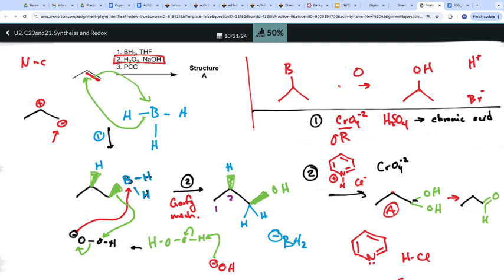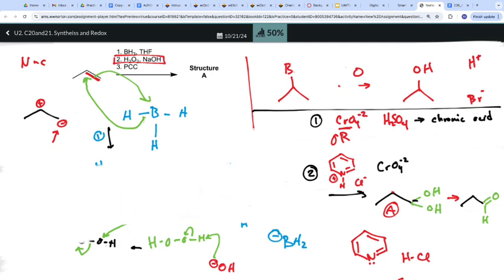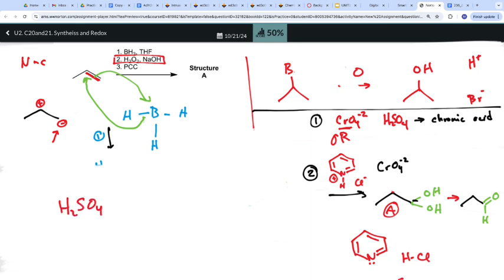What are the reagents that come together to make chromic acid? Okay? Well, again, we take the chromate and then we take sulfuric acid. Okay? Well, what am I dissolving it in? H2SO4. What phase is H2SO4? Is it aqueous? It's aqueous. I take H2SO4 and water and I mix it with the chromate.